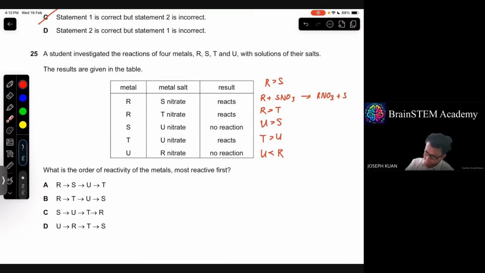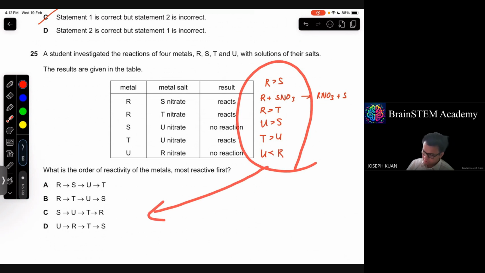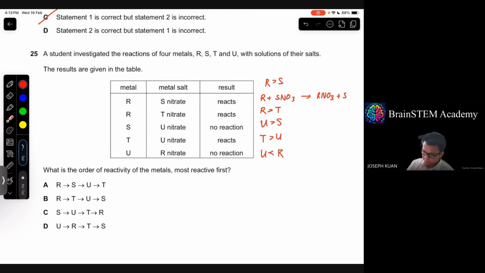So combining our results all together into a single flowchart, we know that D is wrong. And we know that C is wrong.